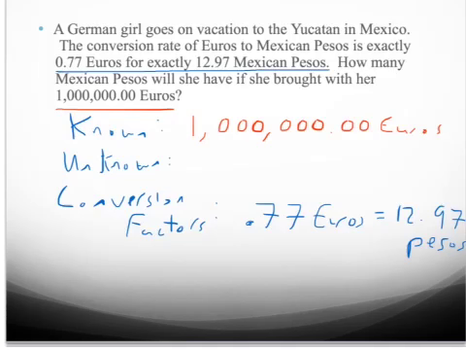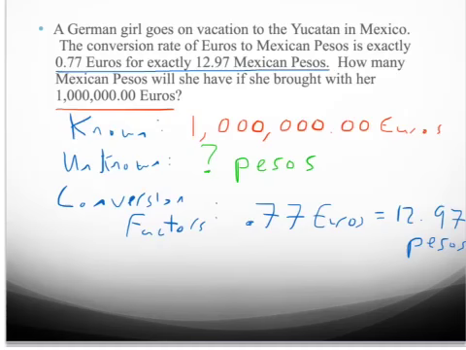In this case, the question asks, how many Mexican pesos will she have if she brought with her 1 million euros? So we're looking for how many Mexican pesos she'll have when she converts her money. So for my unknown, I'm going to write question mark pesos. That's what we're looking for.